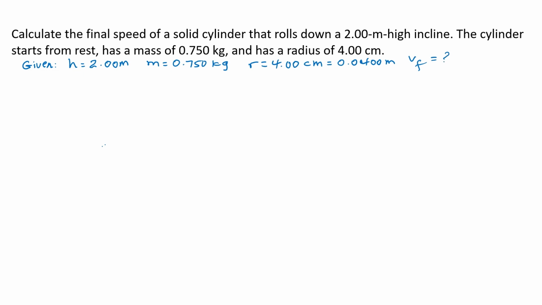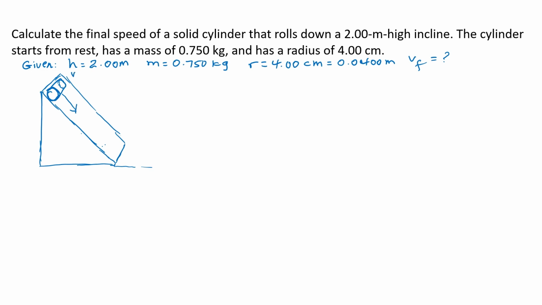Alright, let's get the situation here. We have an inclined plane, something like this, at a height of certain value h. Make it three-dimensional so that we can see it. So the cylinder is at the top of the incline. It's rolling downward.